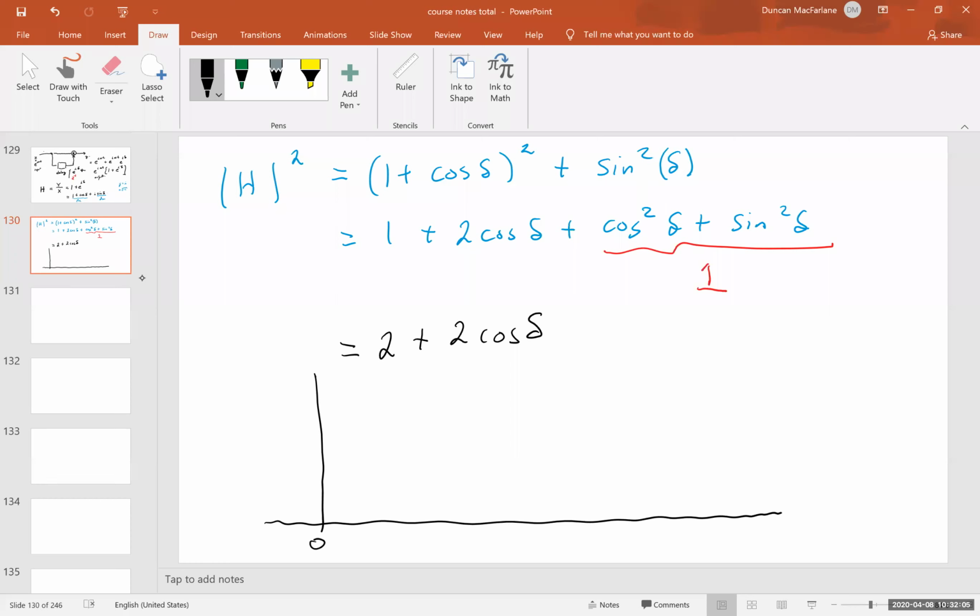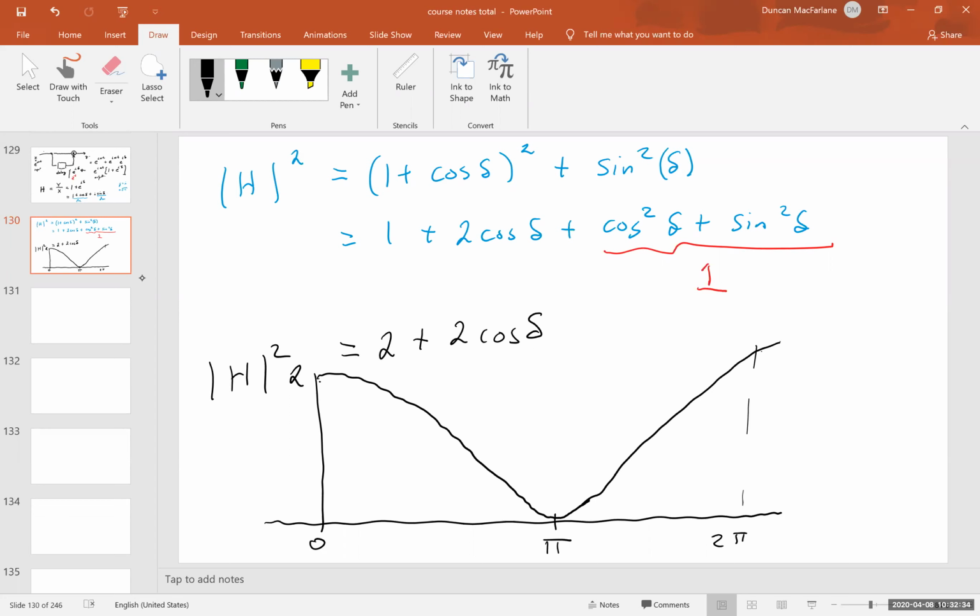So if I plot this between 0, 2 pi, and pi, I get a graph that looks like this. It's curved, so it has a horribly nonlinear response.